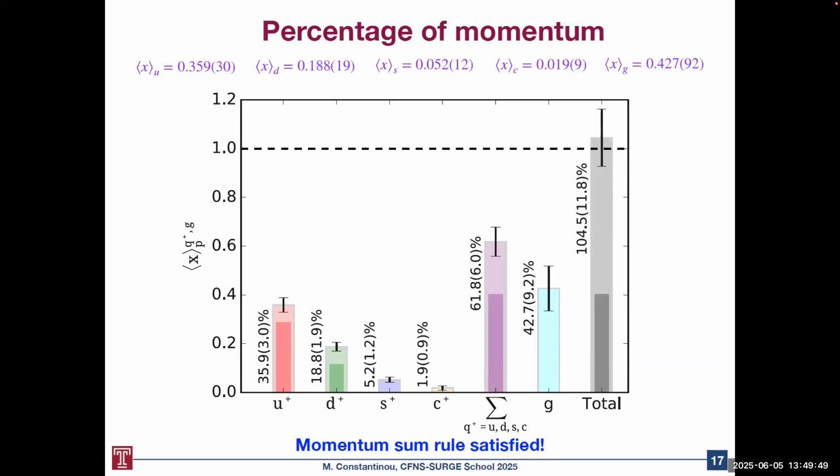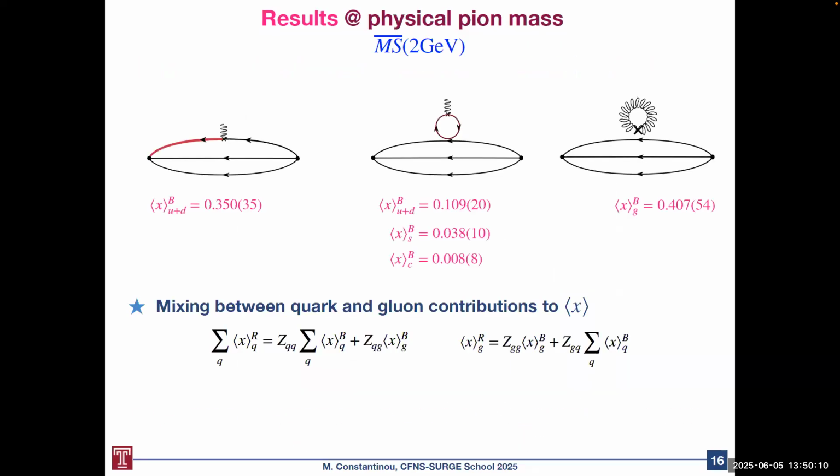Yes. So if I add one more question, so that says that the individual estimations are not correlated among each other, apart from coming from the same ensembles, I guess. Yes, they're not, well, okay. How can I say this, not to be confused? When you calculate these diagrams here, these are up and down quarks.